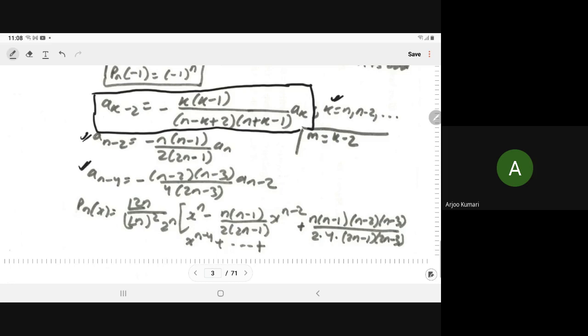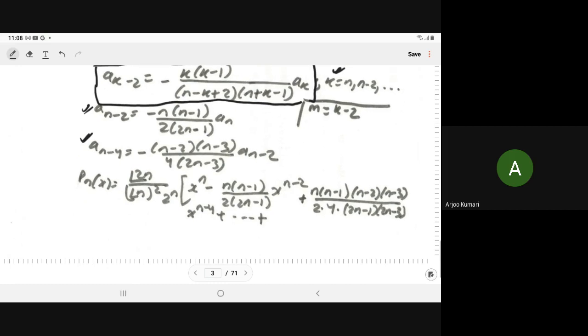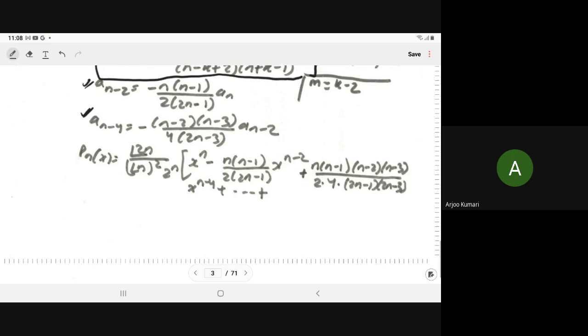Similarly, a(n minus 4) in terms of a(n minus 2) is equal to minus (n minus 2)(n minus 3) upon 4 into (2n minus 3) into a(n minus 2). When we put all the terms here, the series is either even or odd terms. So the series can be an x to the power n plus a(n minus 2) x to the power n minus 2 plus and so on.